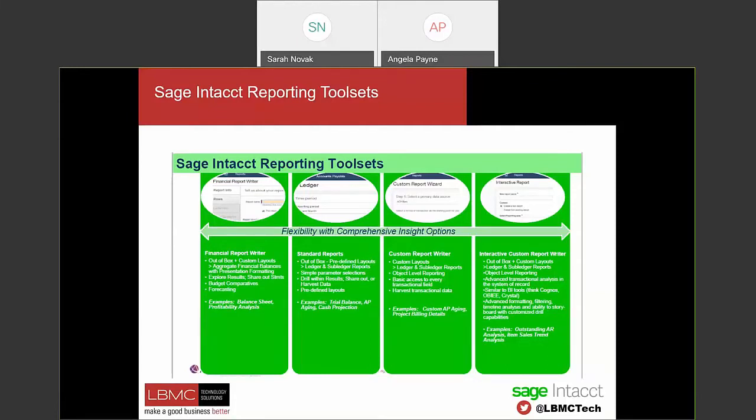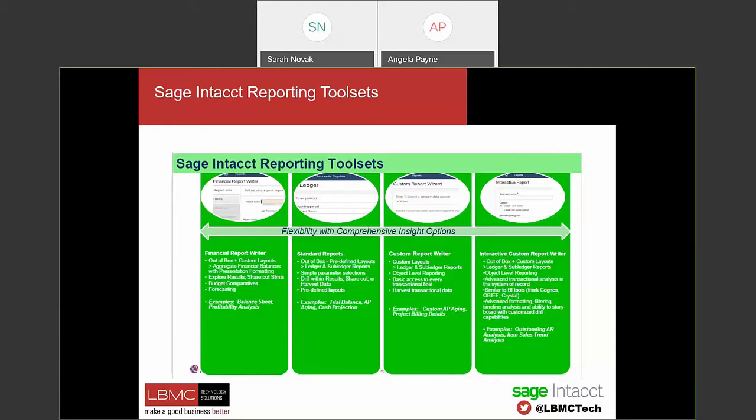The second thing you may notice when choosing your data with the Interactive Custom Report Writer, as well as in the Platform Services Custom Report Writer, is that you have to choose your primary object. Within Platform Services, you may choose AP Bill Detail, or Order Entry Sales Invoice.